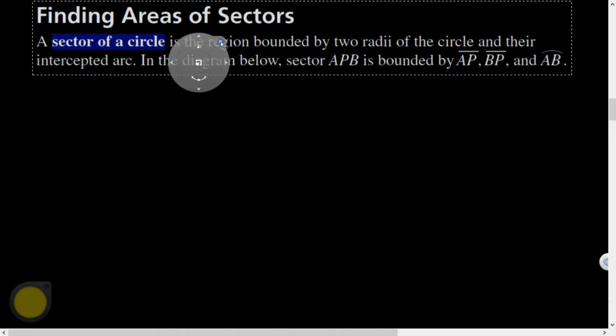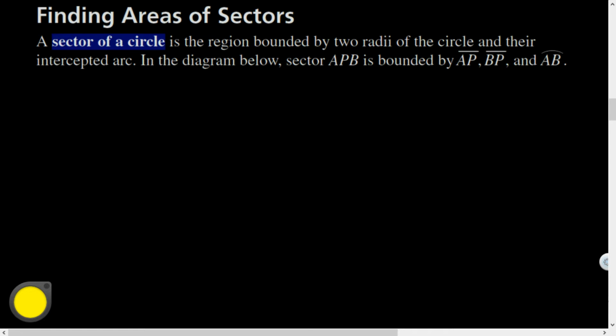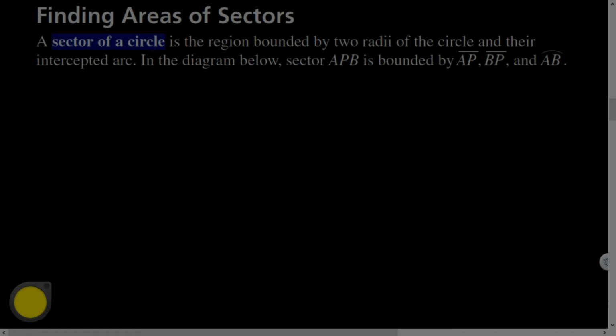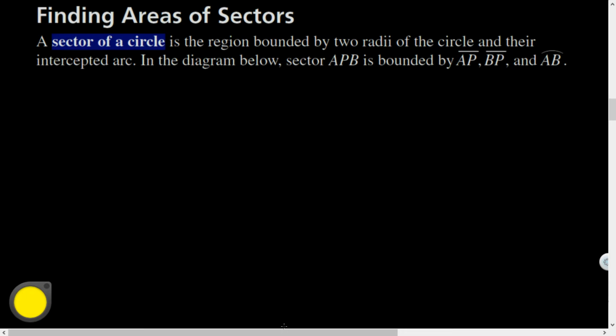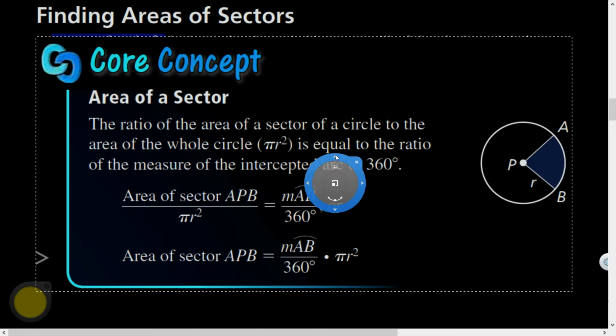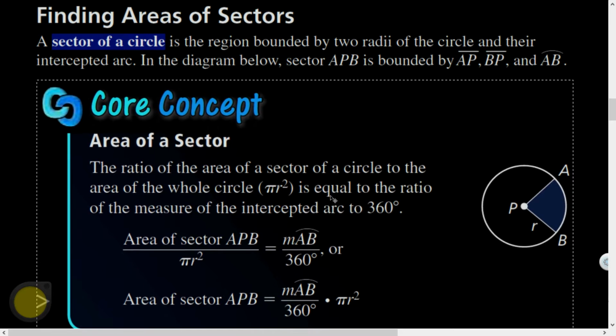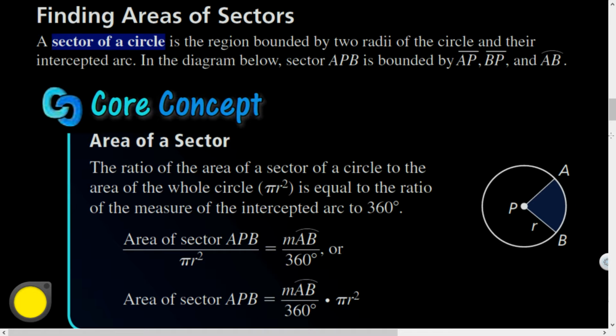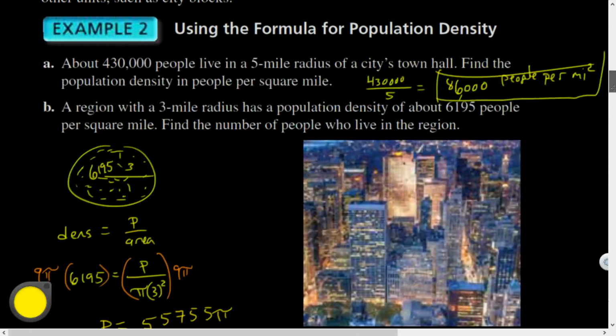Areas of sectors. Did I do it wrong? Oh my goodness, are you serious? 5 is definitely a radius.